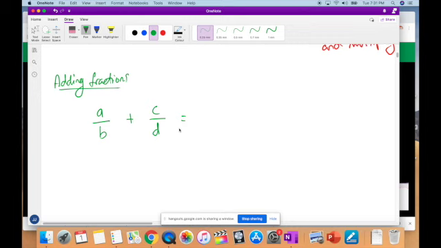How do you add two fractions? What do you have to do? Well, how do you make sure they have the same denominator?